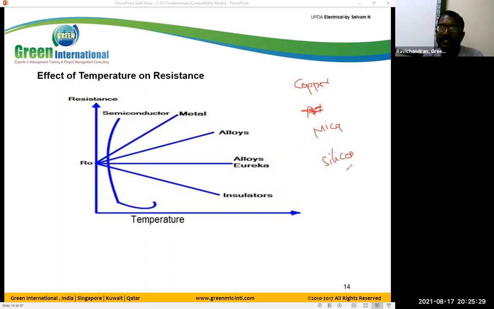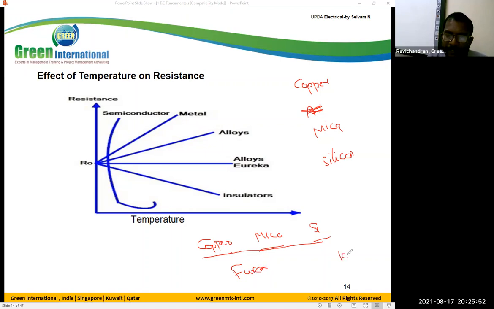Okay, I take these 3 elements: copper, mica, silicon. Here I put a furnace.